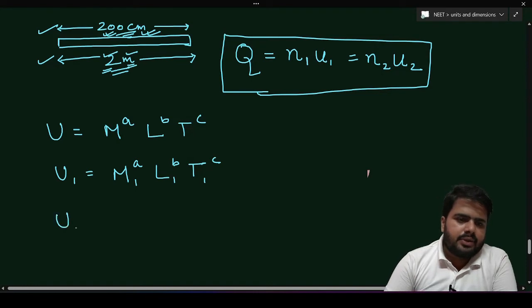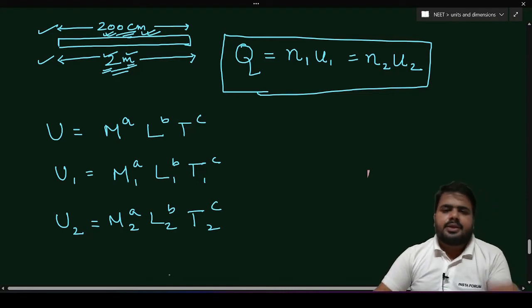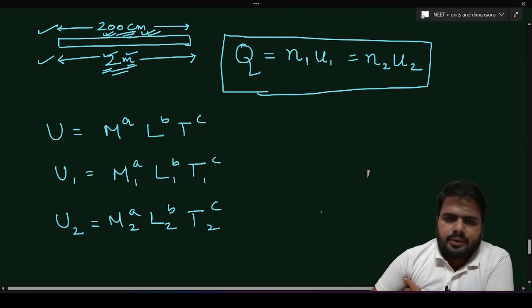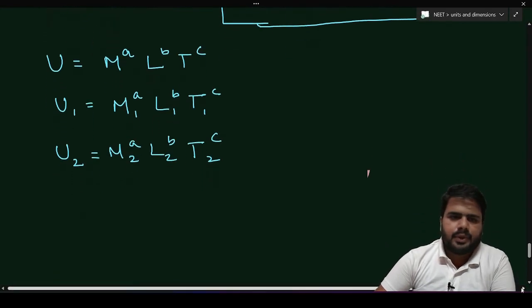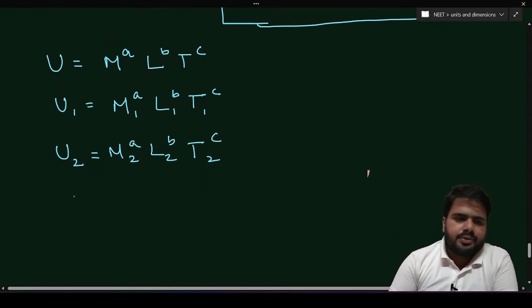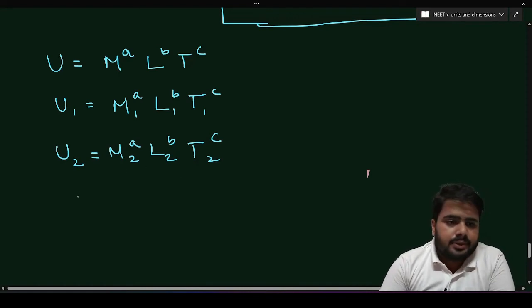And unit 2 can be expressed as m2 to the power a, l2 to the power b and t2 to the power c. Okay. So now all of you see, we are here trying to convert between different systems of units.